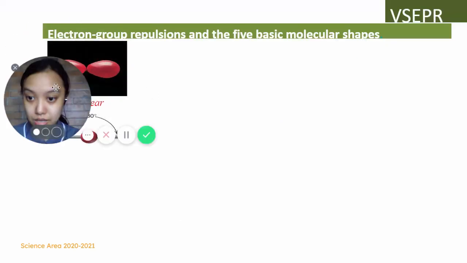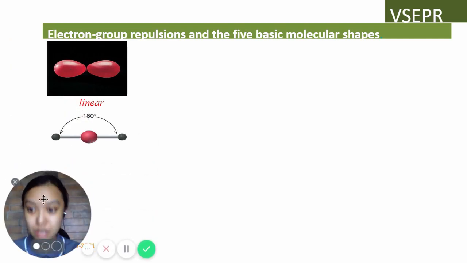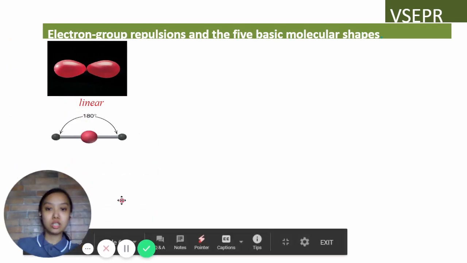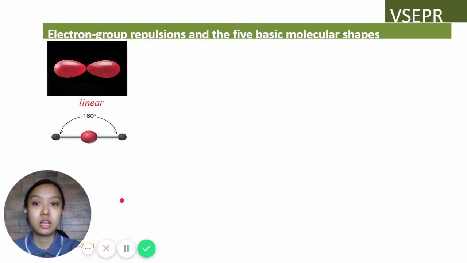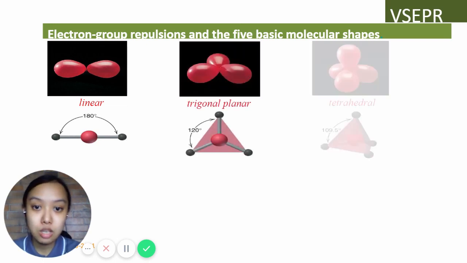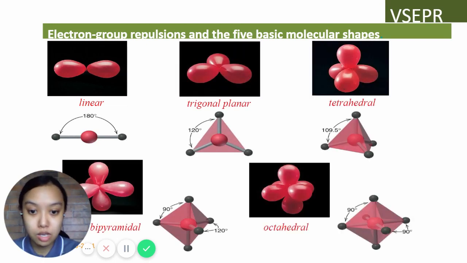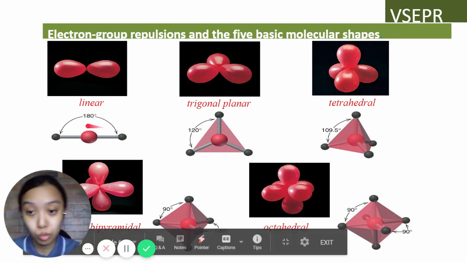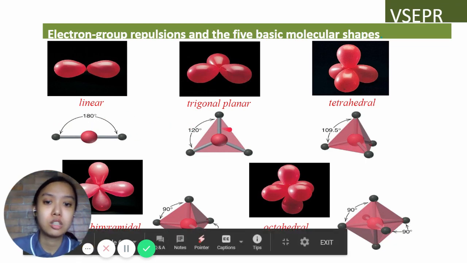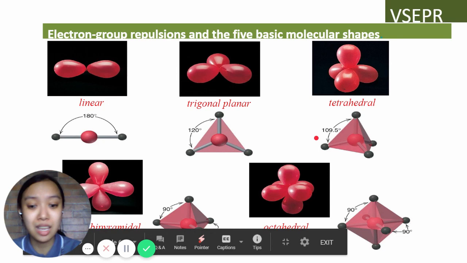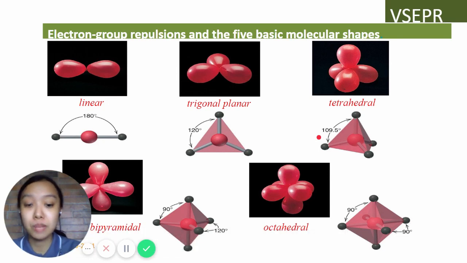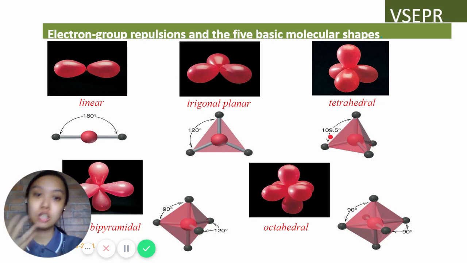If you look here, these are some of the shapes present in VSEPR theory. Some would be linear, some trigonal planar, some tetrahedral, some bipyramidal, some octahedral. It all depends on the structure of the molecules.